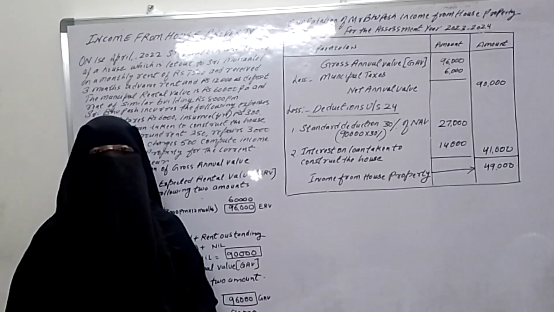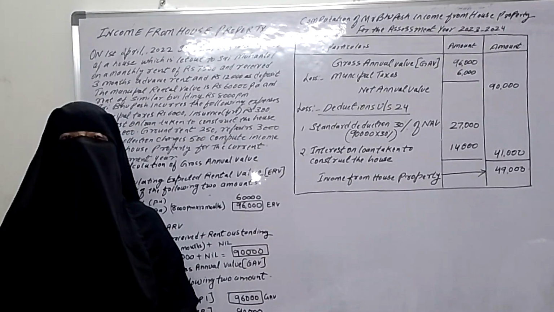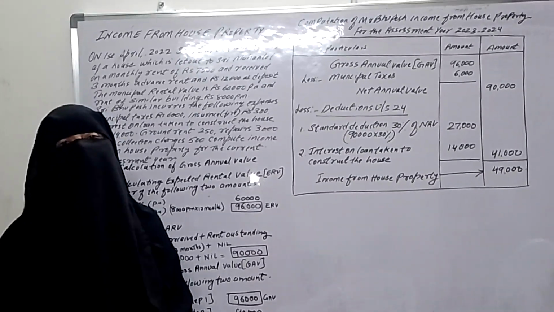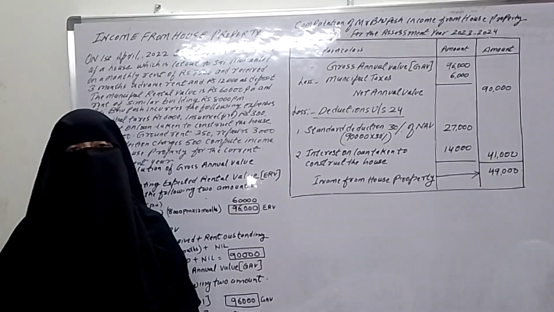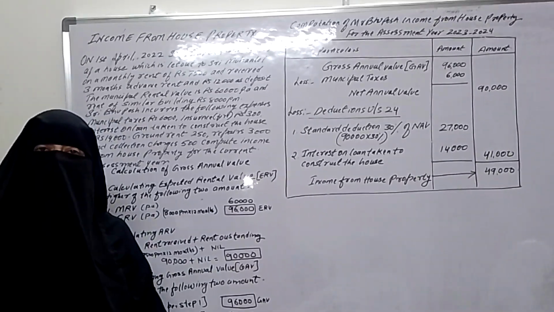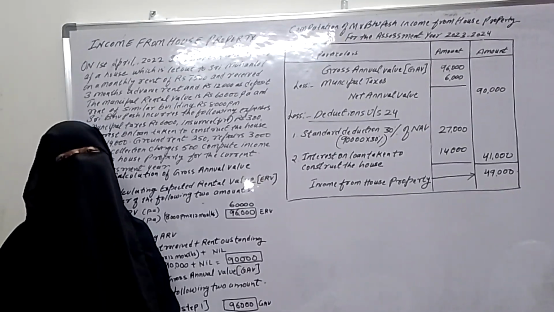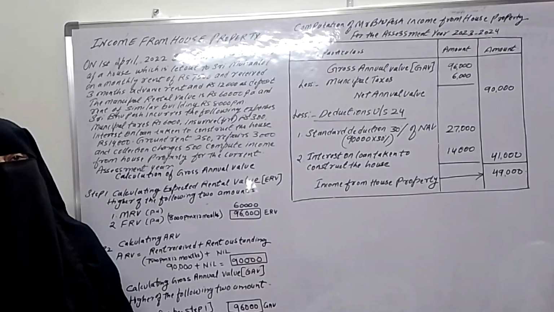Income from house property is not calculated on actual rent received, it is calculated on the annual value. So in the working part, first we have to find out the annual value, that is gross annual value.